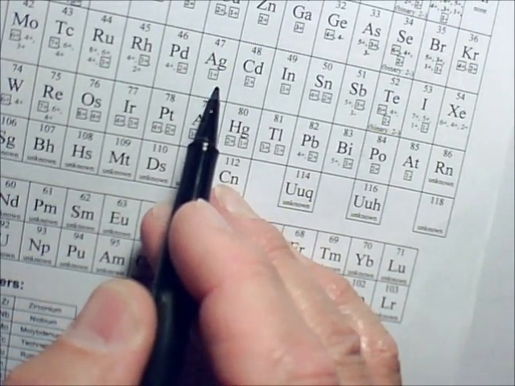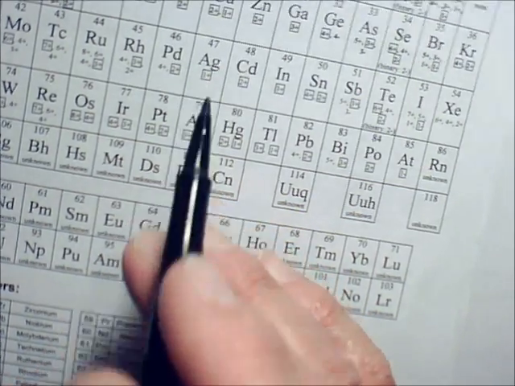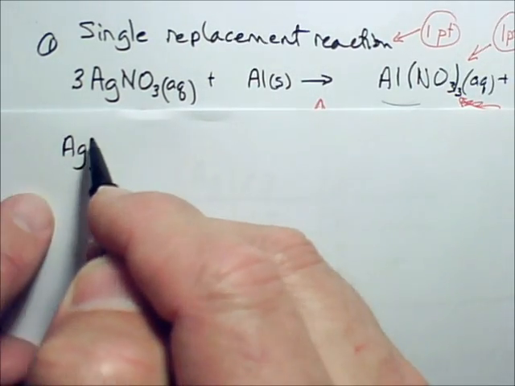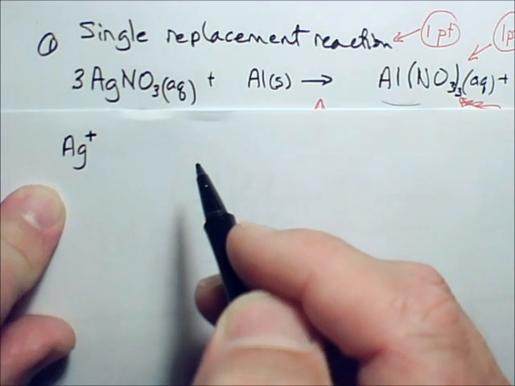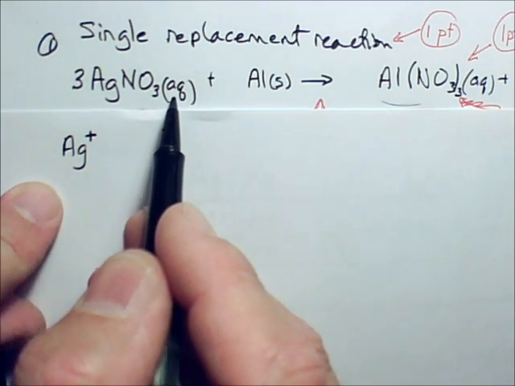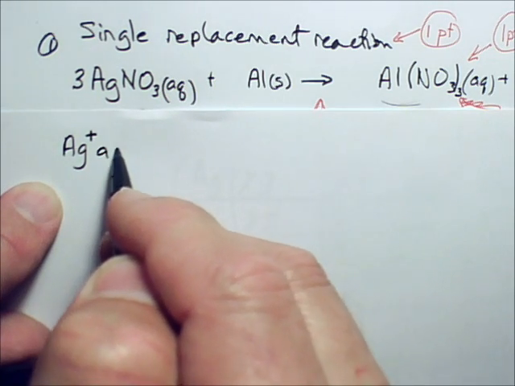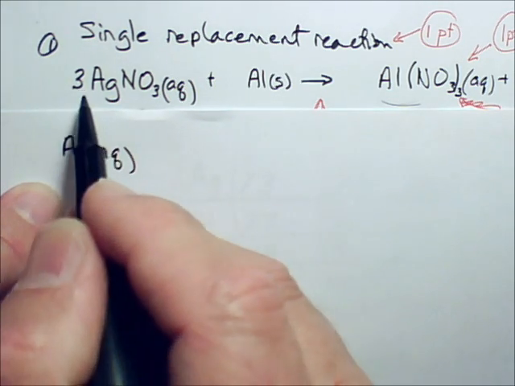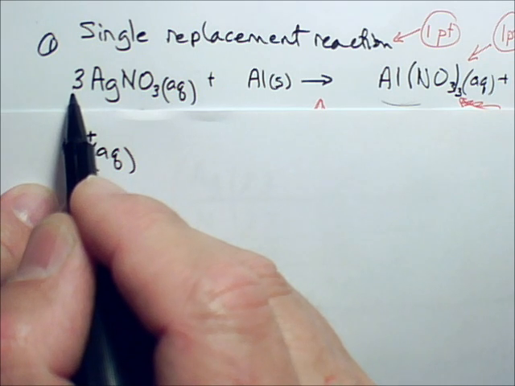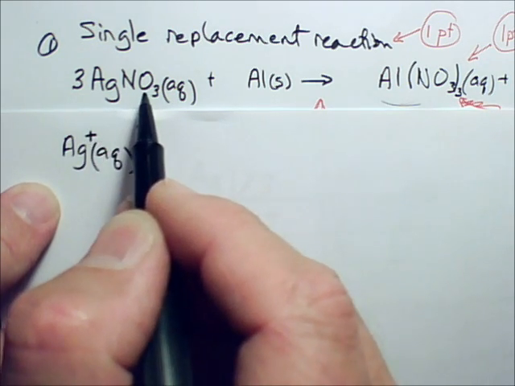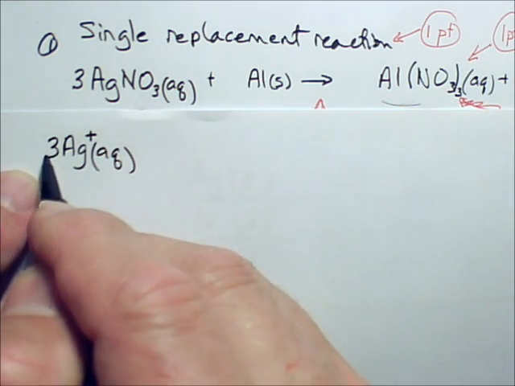There's silver. Silver only has a 1+ charge, so this is going to be silver plus. Aqueous applies to all the ions in the formula, so it's aqueous. And this 3 applies to everything in the formula, so there are 3 silvers.